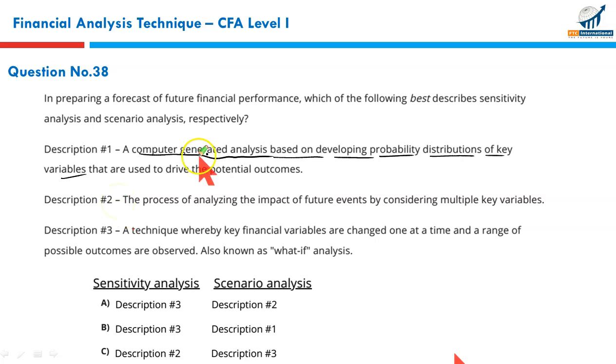One at a time. A computer-generated analysis based on developing probability distribution of key variables that are used to drive the potential outcomes. It is called simulation analysis. If you have read your theory, you would know it is simulation analysis, where we use probability distribution to determine the variability in a single variable in the project.